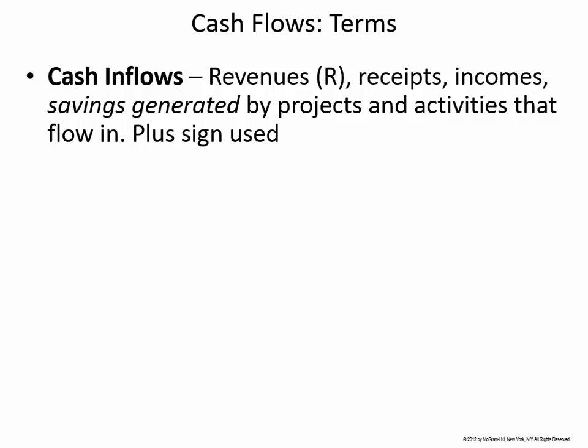So why does it count as an inflow? Because it's the opposite of an outflow. It used to be an outflow. It used to be an expense. But now you've saved some of that previous expense. And so in your homework it says that an insurance company is saving money that it used to spend. That counts as an inflow. All right? Any questions about that aspect?